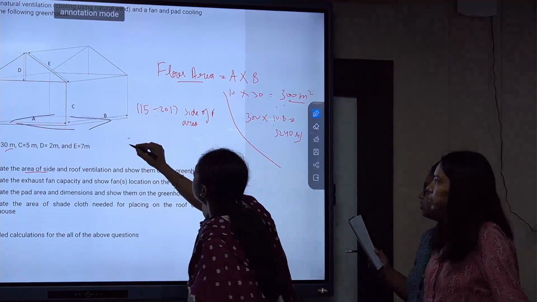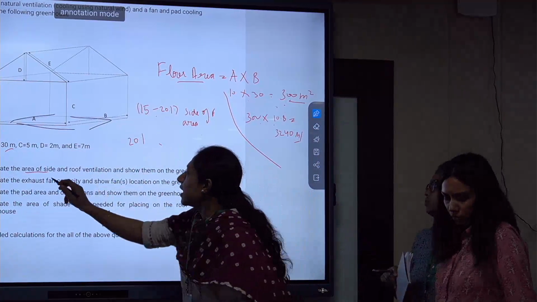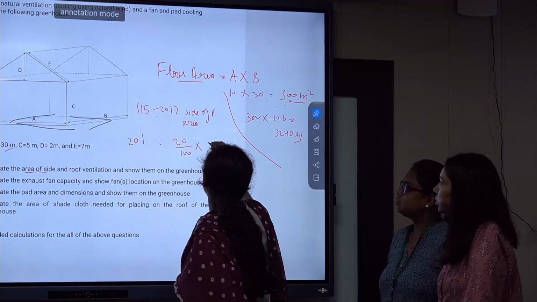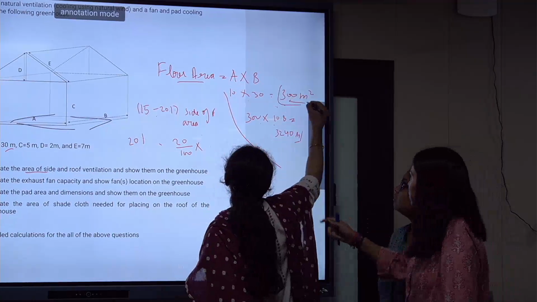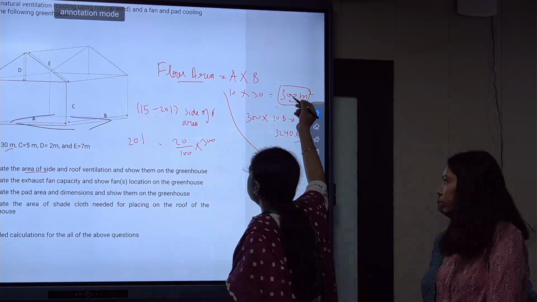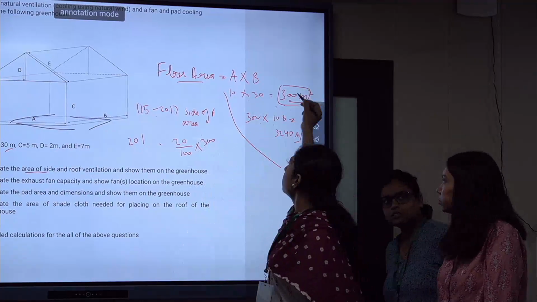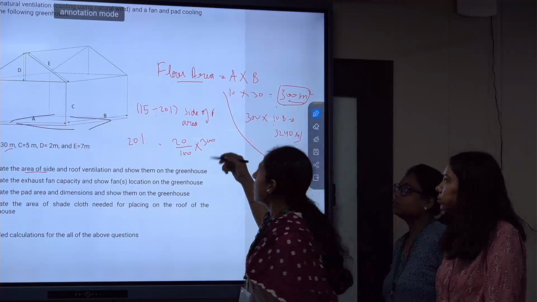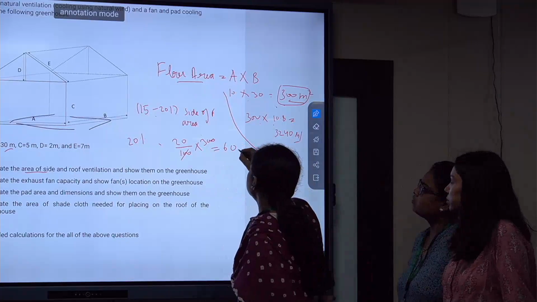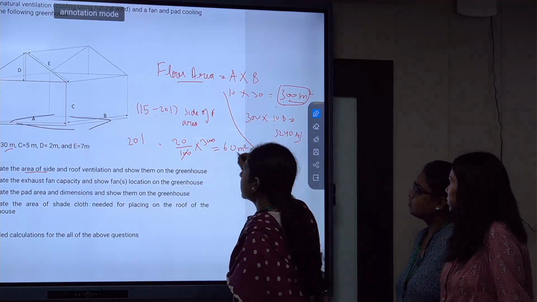So we are taking 20% as side area. So it will be around 300 meters square. Are you doing in meter square or square feet? To make the calculation easy, I'm taking meter square. Okay, that's fine, afterwards it can be converted. 60 meters square is the side area.